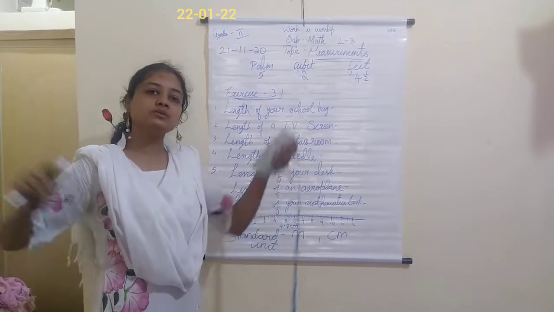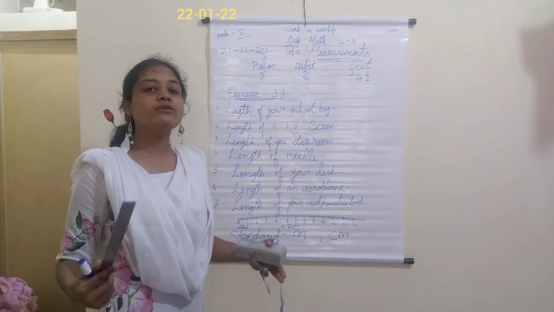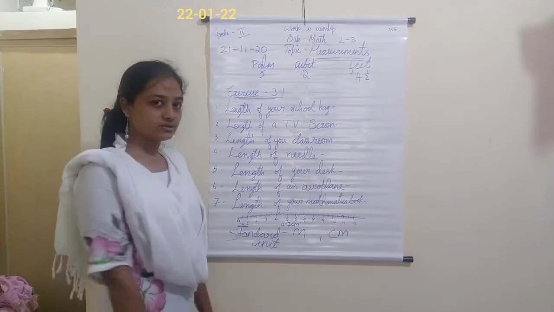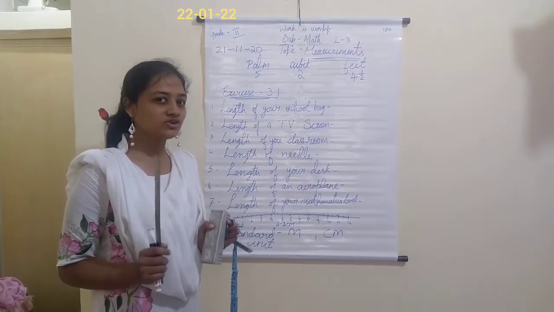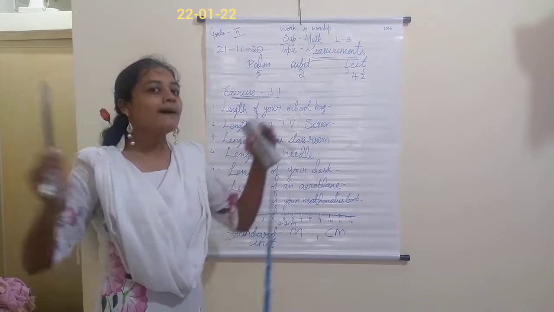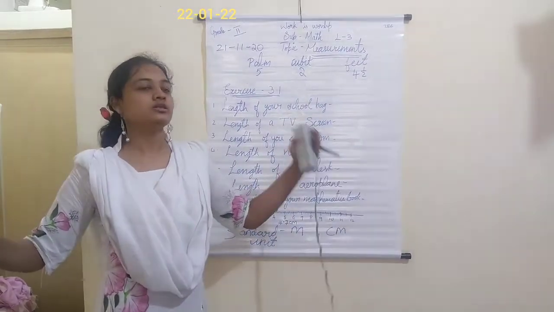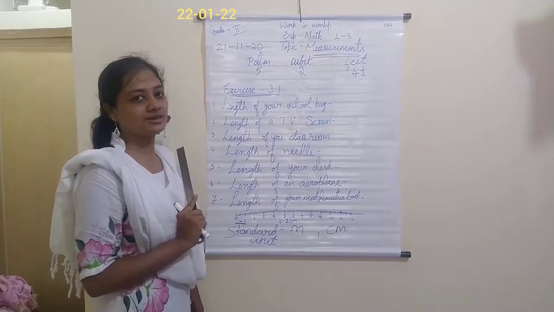When you have objects bigger than that, which you cannot measure in centimeters, we measure them using meters. Are you clear with this, children? Centimeters are used to measure small things. Meters are used to measure big things.